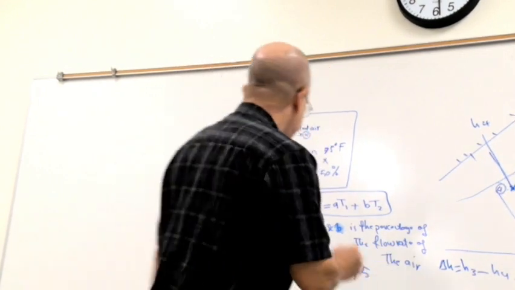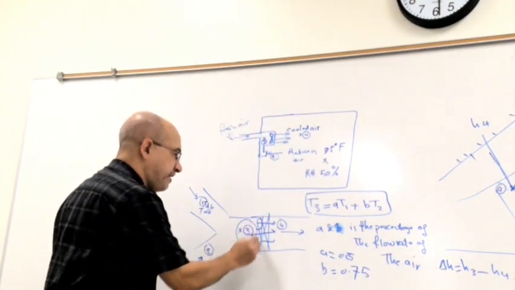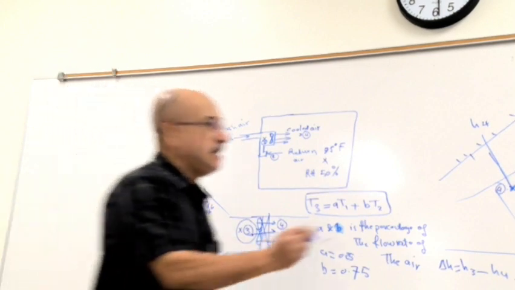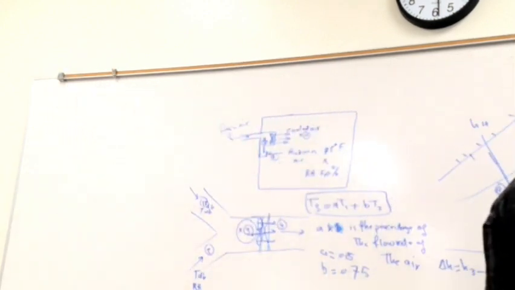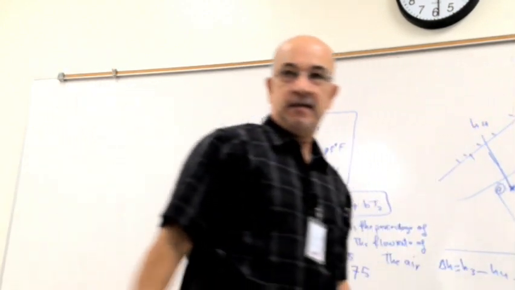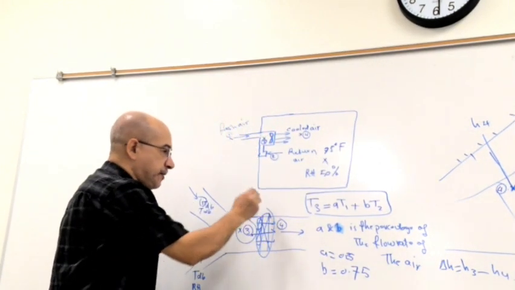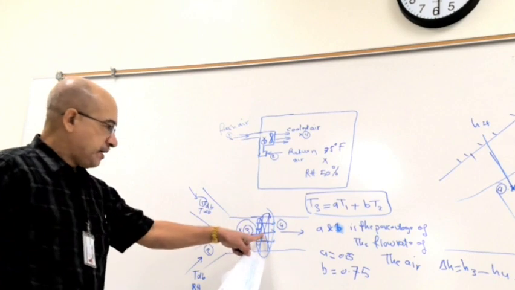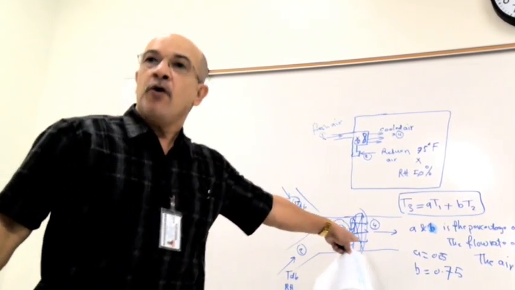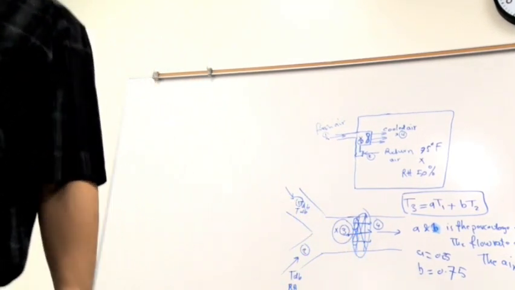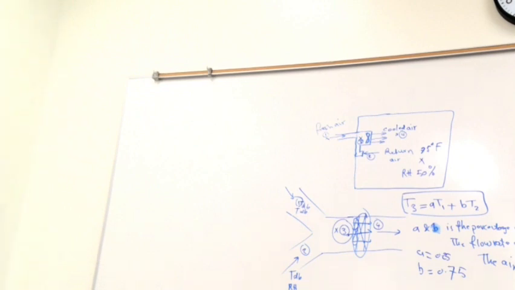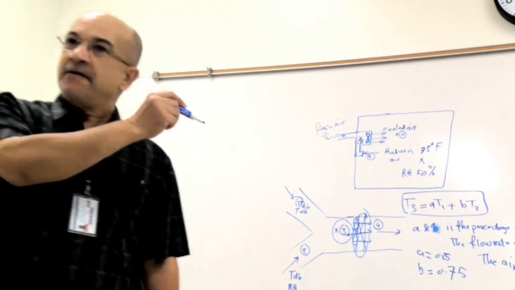So if we have the capacity of the fan in CFM, we'll get the total load on the cooling coil. What does that mean? We found the capacity of the coil.